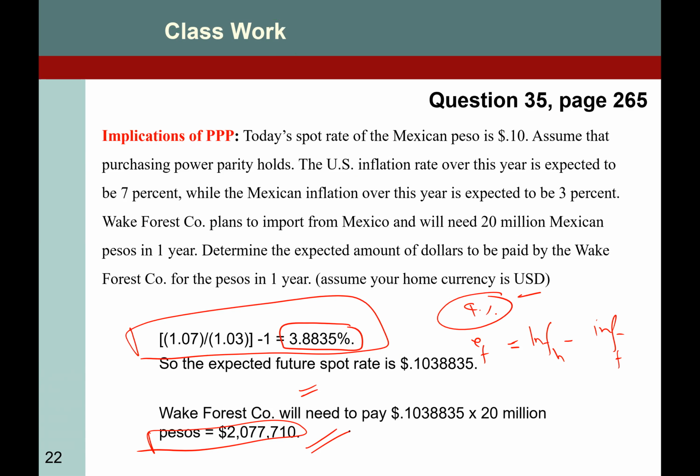And remember, PPP will tell us about the foreign currency exchange rate. It doesn't tell you about the home currency. Remember, this is very important. You need to find out where your position is.